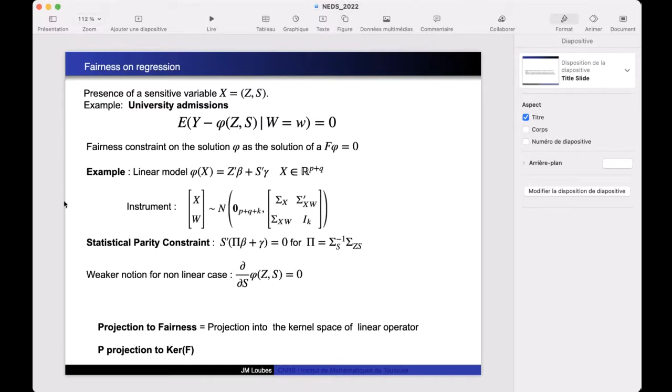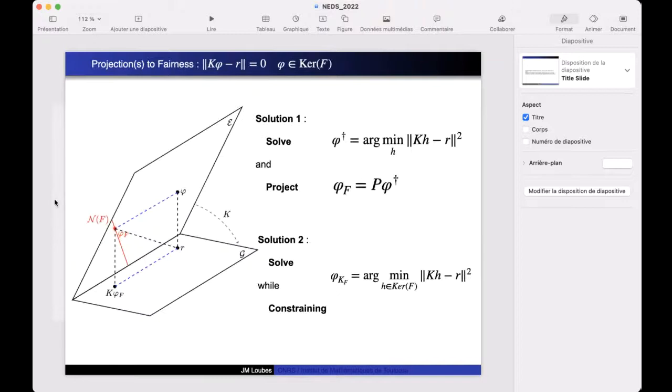So here in this specific case, you can see fairness as the fact that phi belongs to the null space of a linear operator. So now the projection to fairness becomes something that you can write from an analysis point of view. You have phi, and phi you have an image to R by a linear operator.